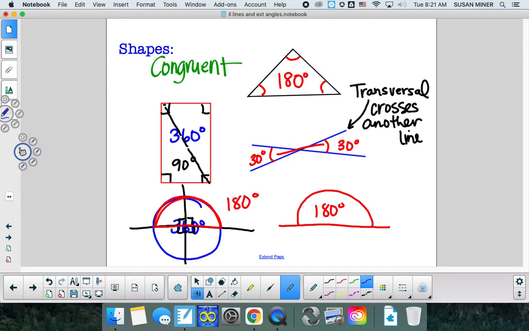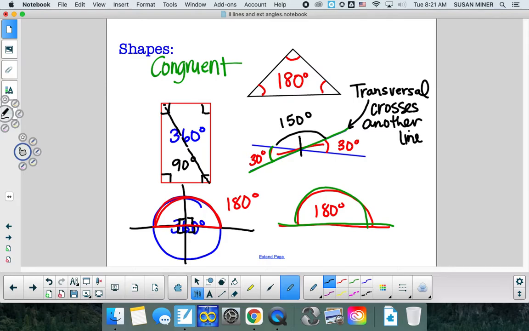And okay, so we were talking earlier about how a straight line, the angles add up to 180 degrees, right? So if this is a straight line here, and this little angle here is 30 degrees, then what about this big angle here? How many degrees is that going to be? Well, that would be 180 minus 30, and so that would be 150 degrees.